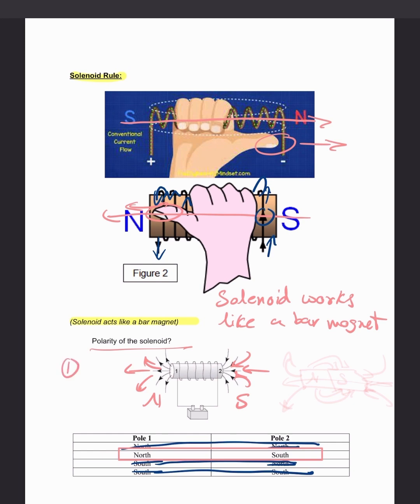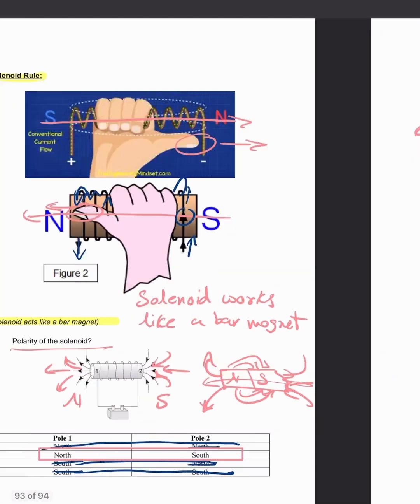Just look at this example we did, this example number 1 on this page down here. Exactly how it would work with a bar magnet. For example, let's say we had a bar magnet, north end, south end. Our polarity would travel just like how we've shown here, going in from the south end, and then eventually coming out from our north end, just like this, just like a bar magnet and just like a solenoid.